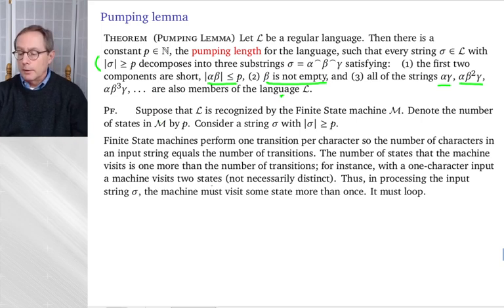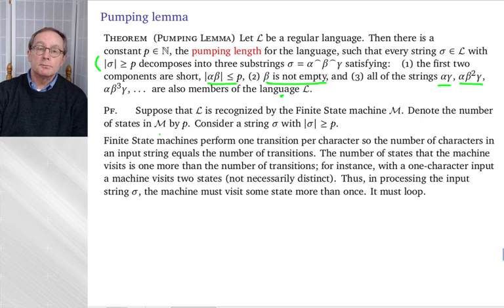Okay, so the argument is really not much more than writing down in i's and j's the observation that we made on the prior slide. So this L is supposed to be a regular language, so we suppose that it's recognized by some finite state machine, M. Denote the number of states in M by p.